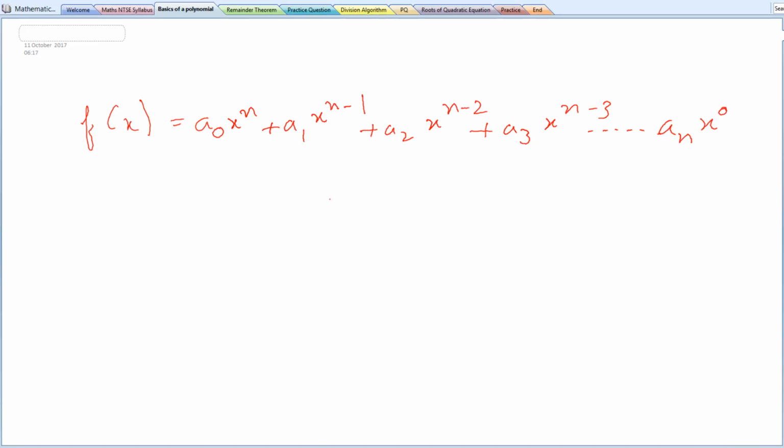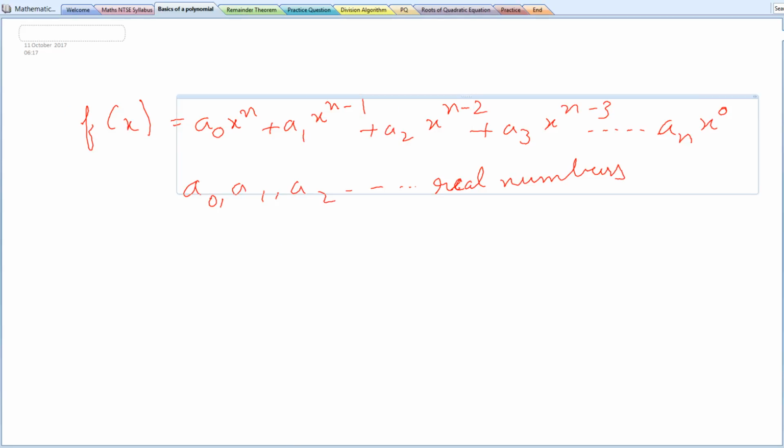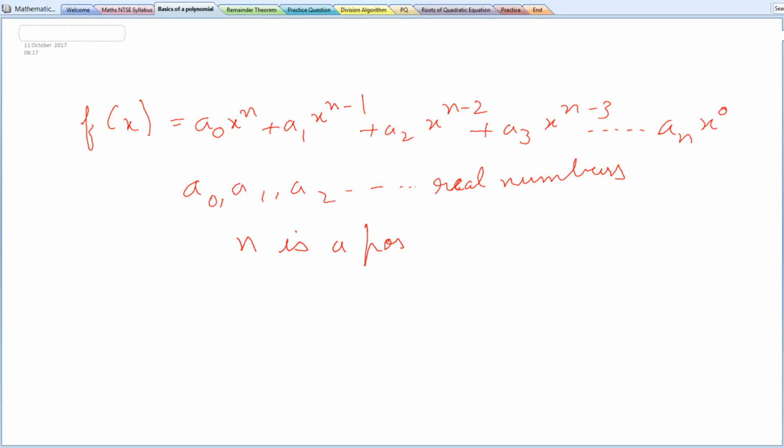This is the standard form of a polynomial as we know, where a0, a1, a2 are real numbers and n is a positive number, positive real number.